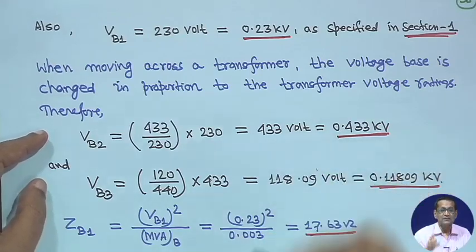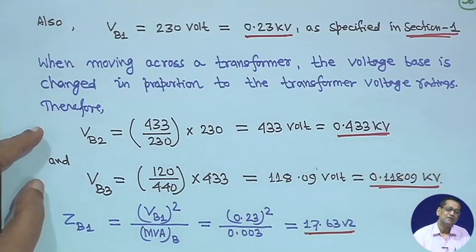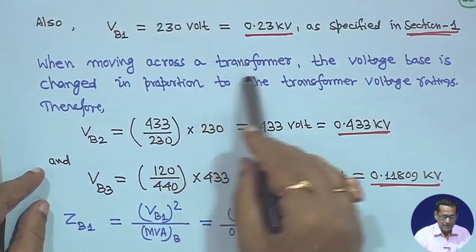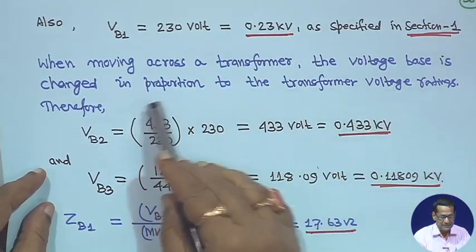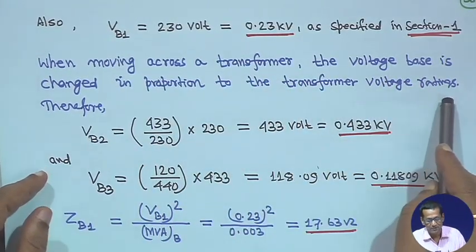Based on that, you have to transform the base voltage to the line as well as to the other side. When moving across a transformer, the voltage base is changed in proportion to the transformer voltage rating.